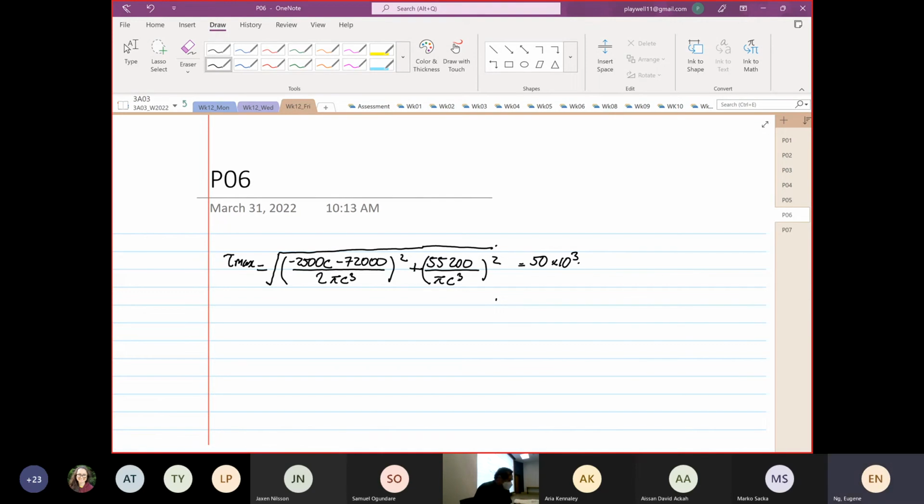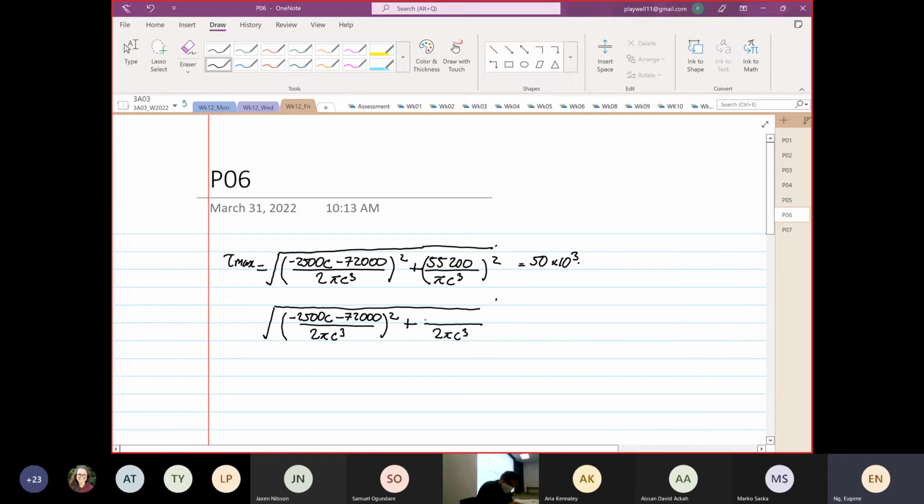So what I'm going to do now is have a common denominator. There are a lot of ways to solve this, but I'm just going to factor out the two and have a common denominator. So this will be equal to minus 2500C minus 72,123 squared over 2 pi c cubed plus, right, so when I say common denominator, I want this to be 2 pi c cubed also.